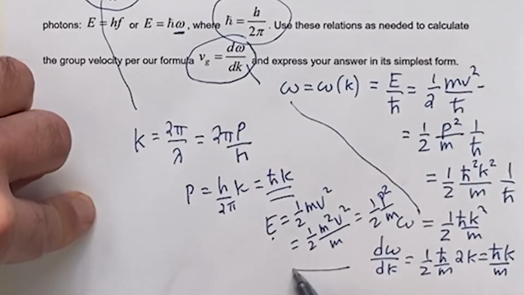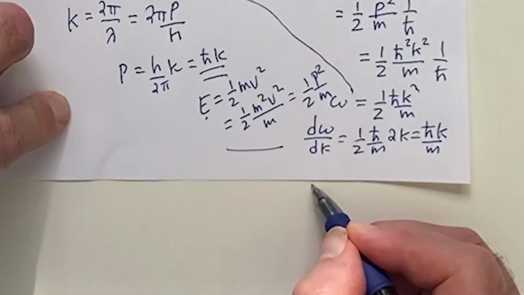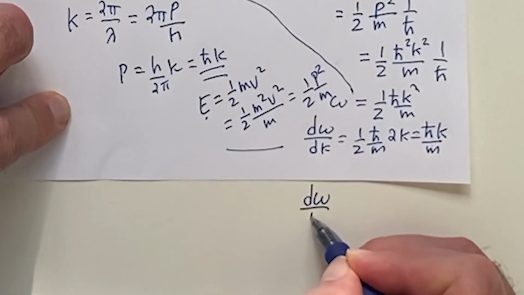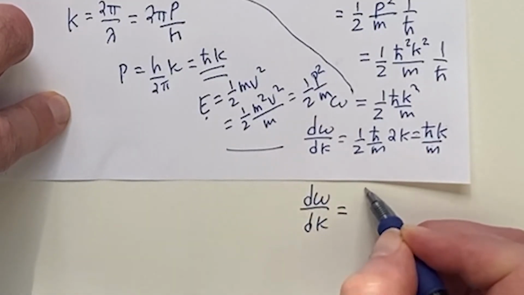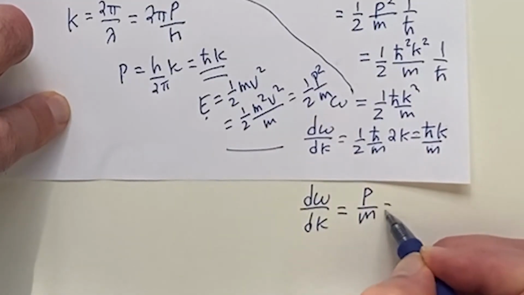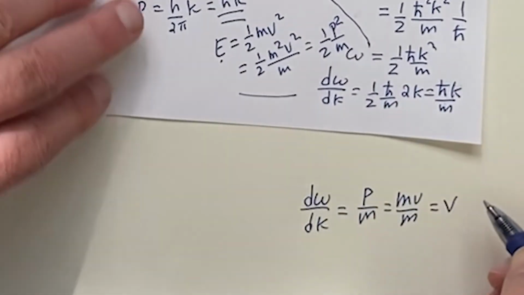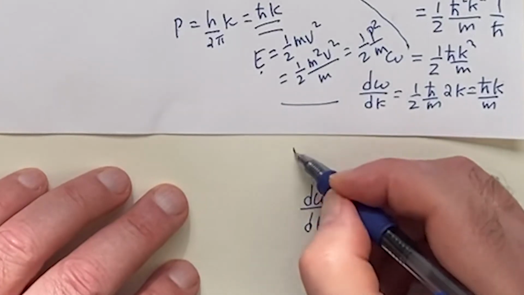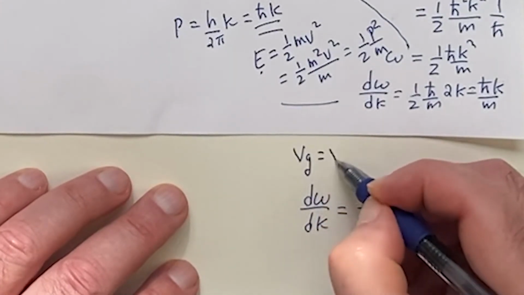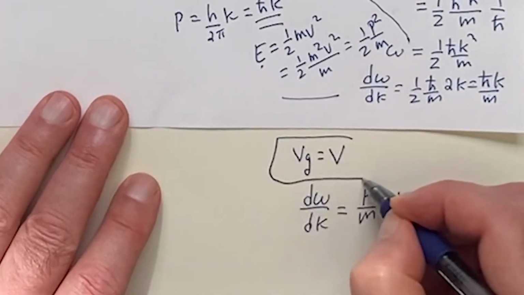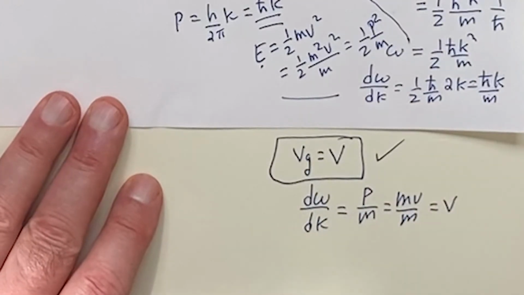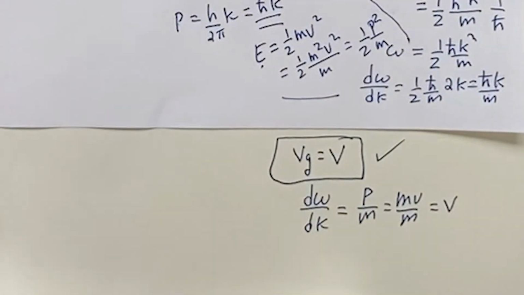So this gives us here d omega dk is the momentum over m, but the momentum is mv. So the most elegant answer here is the velocity. How about that? The group velocity for this particle is the velocity of the particle. Nice, very beautiful result. Okay, that does it. The exam solution.